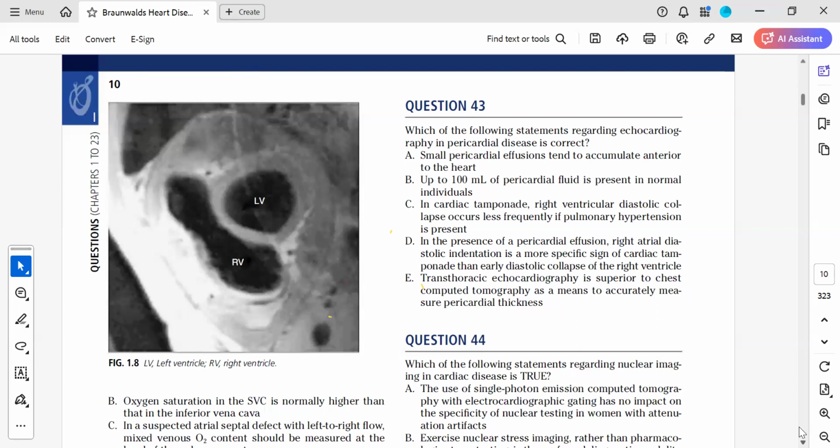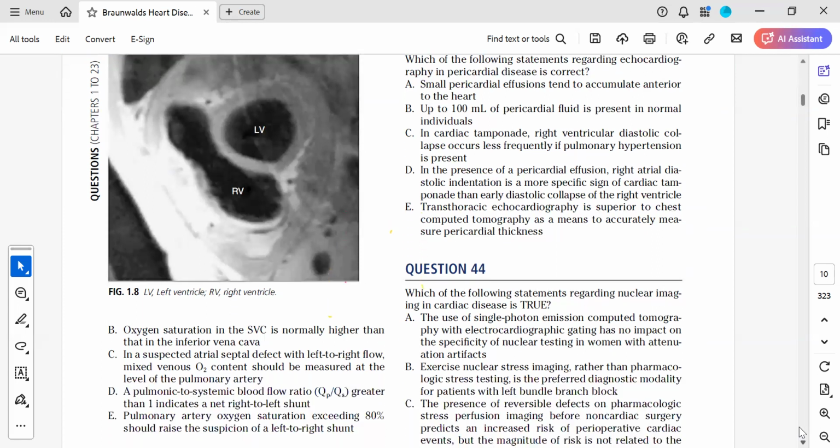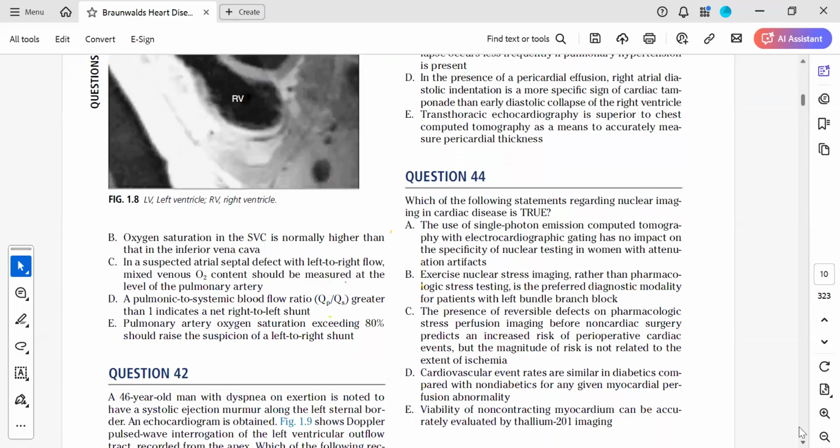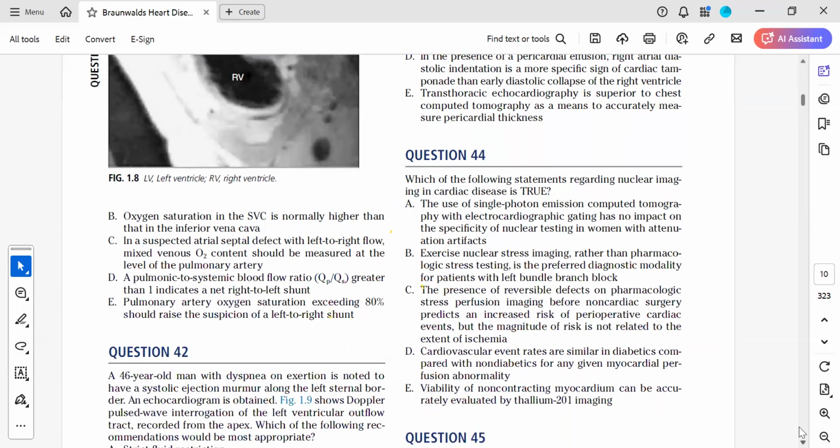Thank you. So I'll proceed to question 44. Which of the following statements regarding nuclear imaging in cardiac disease is true? A, the use of single photon emission computed tomography with electrocardiography gating has no impact on the specificity of nuclear testing in women with attenuation artifacts.